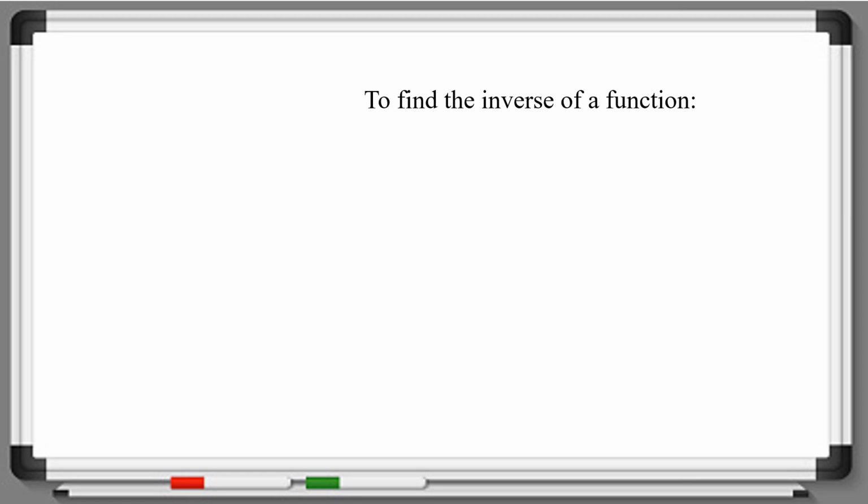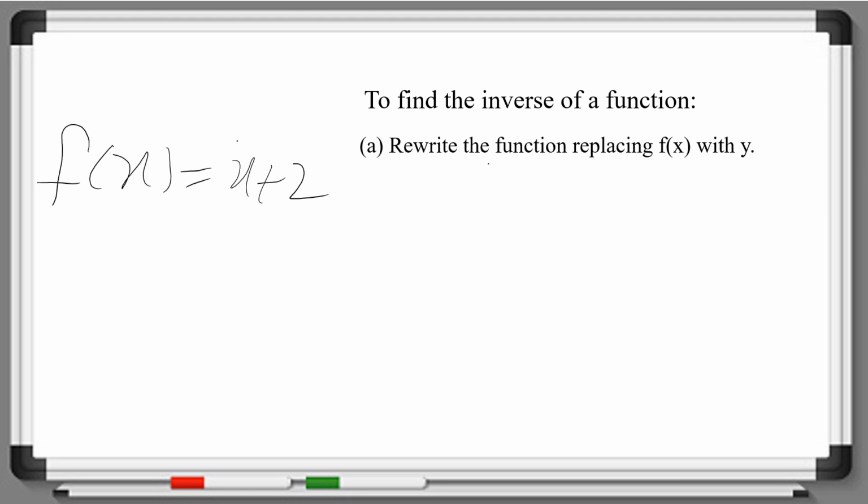The first step, we write f of x is equal to x plus 2. So the first step is to rewrite the function replacing f of x with y.